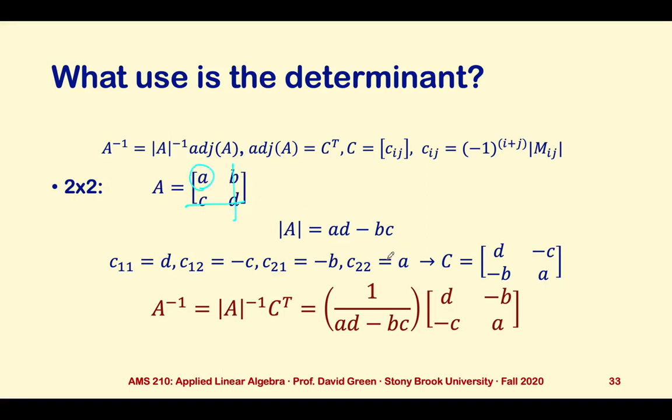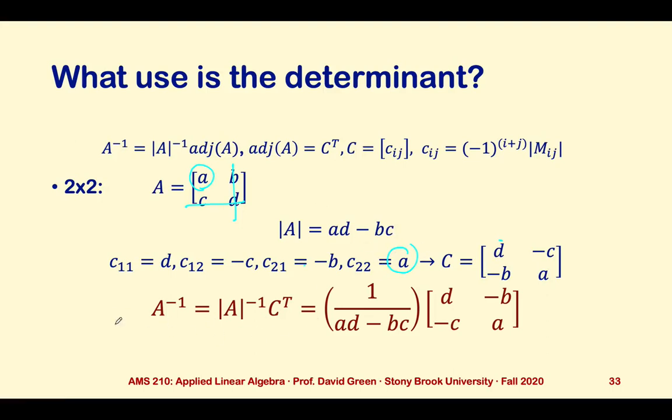We're left with A. 2 plus 2 is an even number, so we have a positive term here. C is the matrix whose entries are these cofactors: D for 1, 1, negative C for 1, 2, negative B for 2, 1, and A for 2, 2.